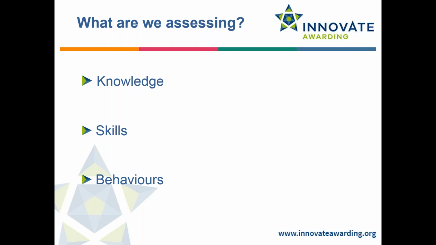In terms of the knowledge, many of you will be familiar with the standard, but just to touch on some of the elements, and these are generic areas that cover across level 2 and level 3.